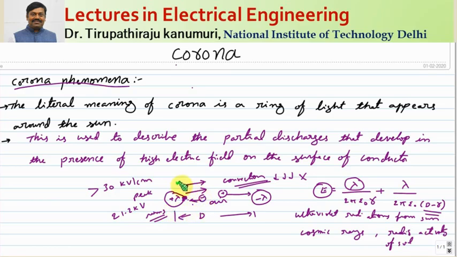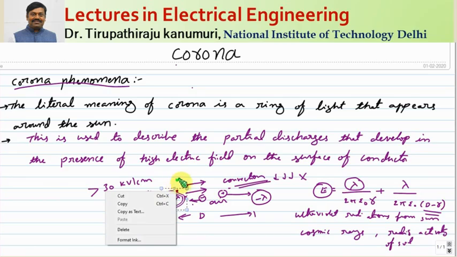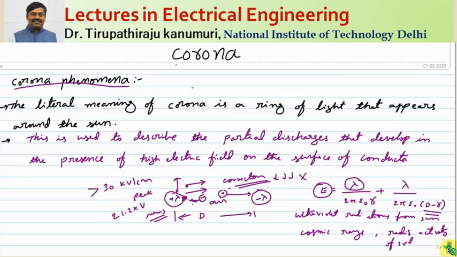The meaning of air breaking down is that the particles of the air get attracted towards the conductor, and the particles which are already available, through which current is passing due to convection, acquire sufficient energy and start accelerating at a faster rate. When those charges accelerate at a faster rate, they start bombarding the neighboring atoms. Let me try to explain on another page.